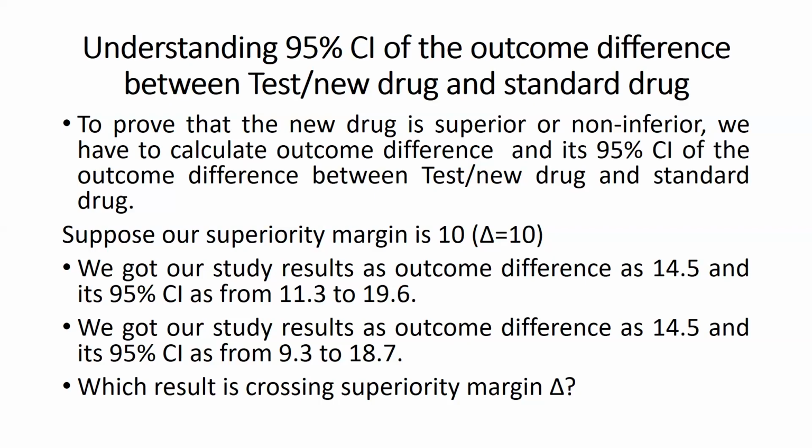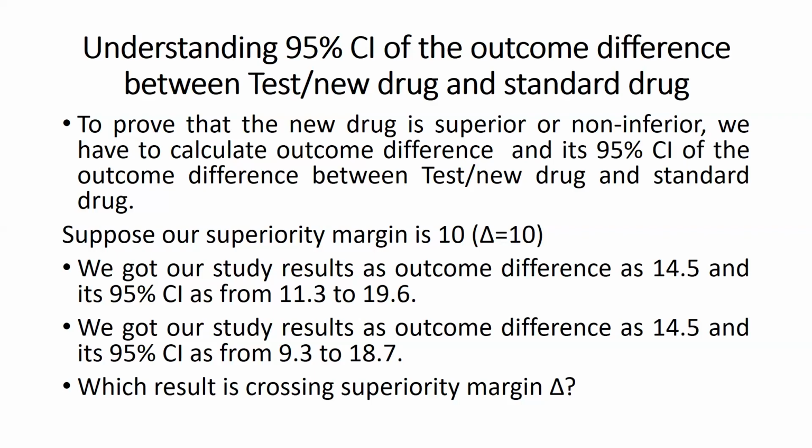Suppose we have decided the predefined margin, that is, the superiority margin in a superiority trial, is 10. So delta is equal to 10. Now we got our result: the outcome difference is 14.5, using some scale, and its 95% CI is from 11.3 to 19.6.